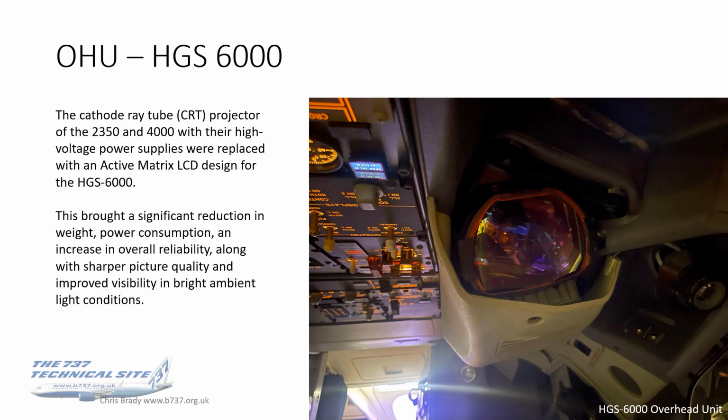So that gives you a reduction in weight and power consumption, and with that lower power consumption also comes an increase in reliability as well. They say it gives a sharper picture quality. Personally, I can't quite see the difference myself, and improved visibility in bright ambient light conditions, which I would imagine is true, as that's generally the case with LCDs.